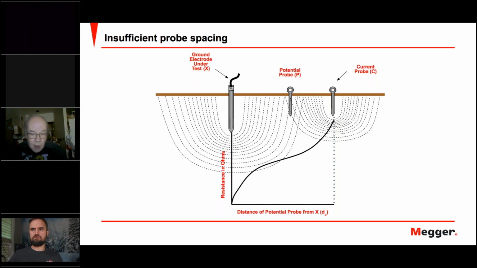And so in this case, if you graphed it and showed this to a client, for instance, they would say, well, where is the resistance measurement here? And you really can't say that. You wouldn't have that information available. And so in these situations, the best thing to do is to get more distance on your current probe. So try to run it further out and try to retest.